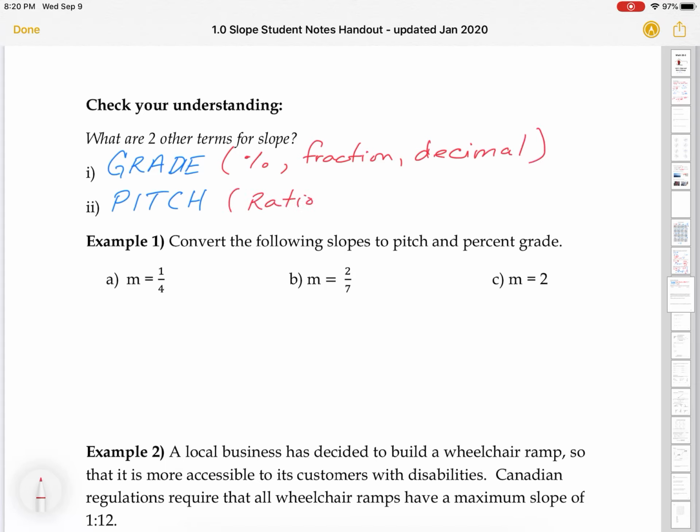And pitch was represented by a ratio. The next says, convert the following slopes to pitch and percent grade. Okay, so this slope at 1 over 4, if I'm going to do it as a pitch, it's going to be 1 to 4. That's my ratio, right?